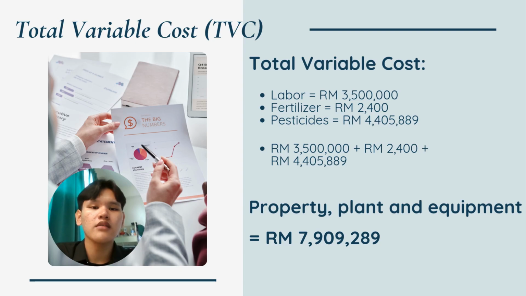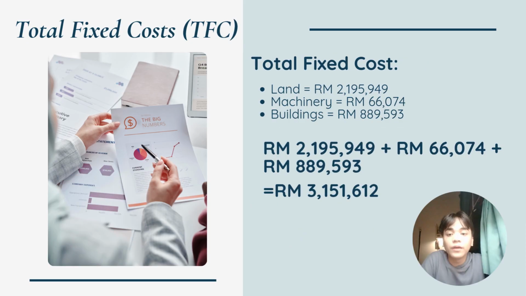So we calculate all the labor, fertilizer, and pesticide. So the property, plant, and equipment is equal to 7,909,289.